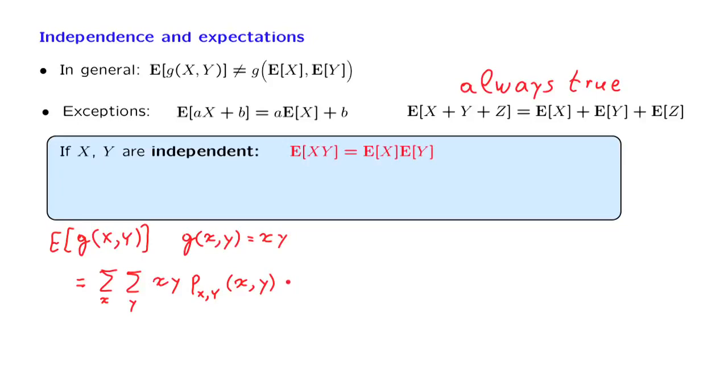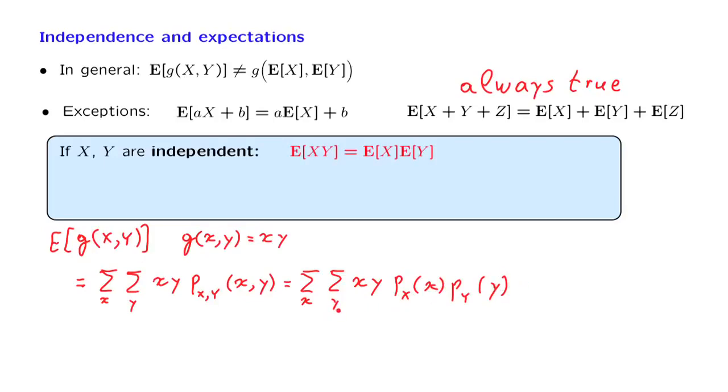Now, using independence, this sum can be changed into the following form. The joint PMF is the product of the marginal PMFs.